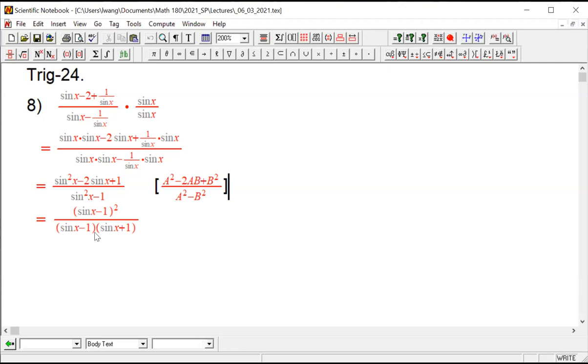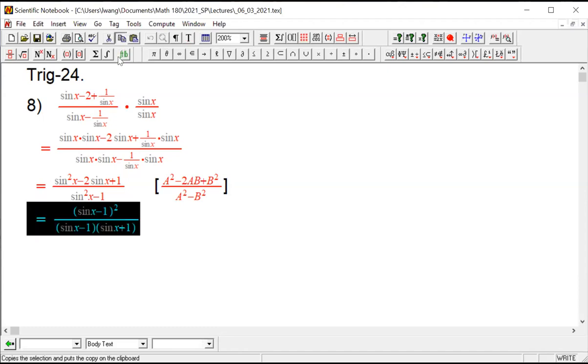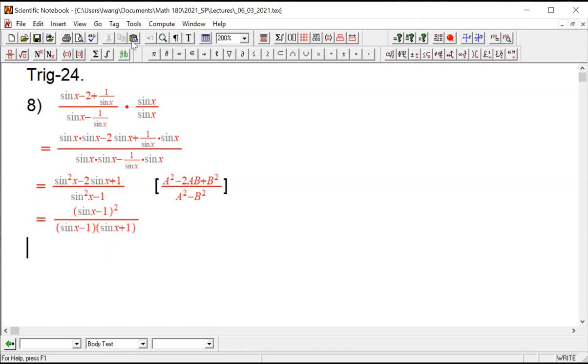And now you can reduce these two. So in the end, what are you getting? This one is reduced and one of those is gone.